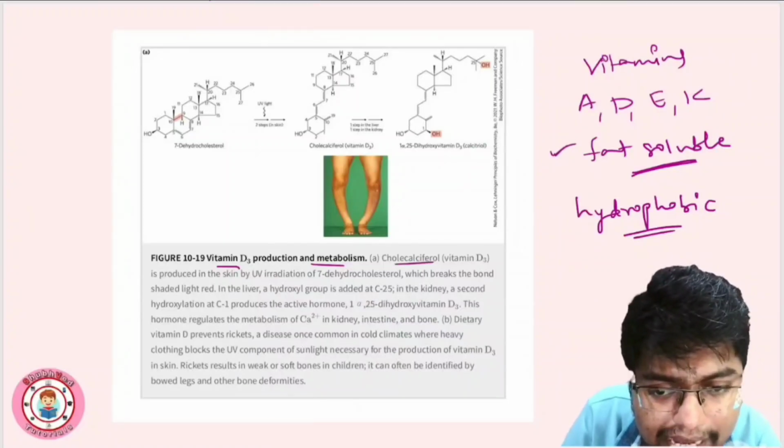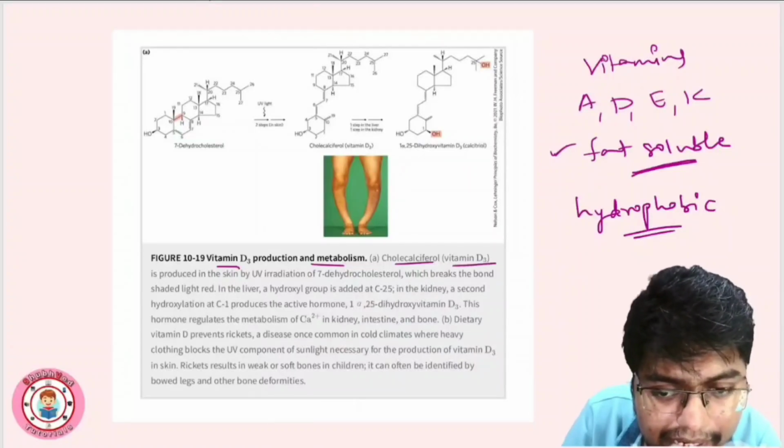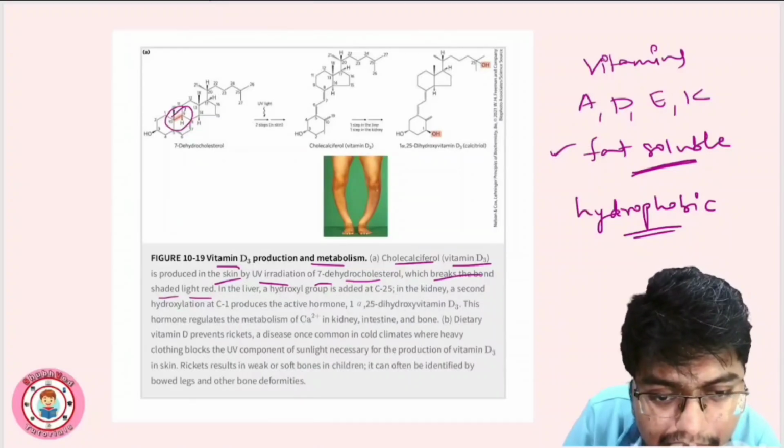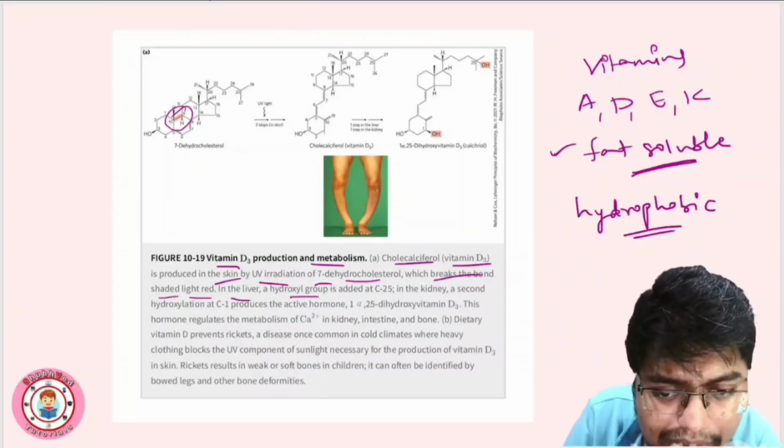So cholecalciferol, vitamin D3, is produced in the skin by UV radiation of 7-dehydrocholesterol, which breaks the bond shaded light red. See, this bond is broken. In the liver, a hydroxyl group is added at C25. Okay, C25 hydroxyl group is added.